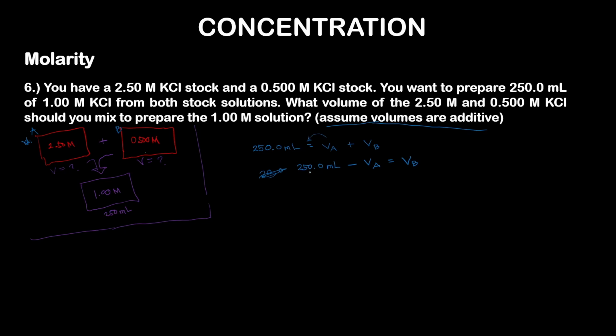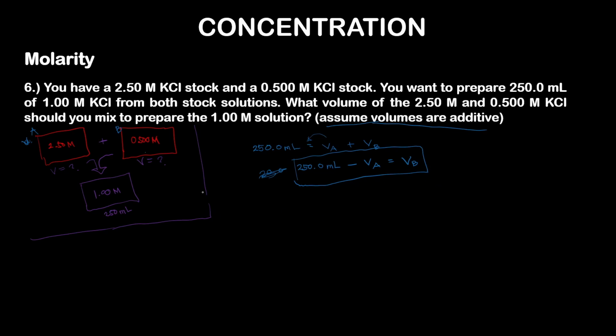So now we know the value of VB. Okay, but this is still not a quantifiable value. So we want to relate it to another value out of this info. So when the volumes are additive, let's assume the moles are additive as well.